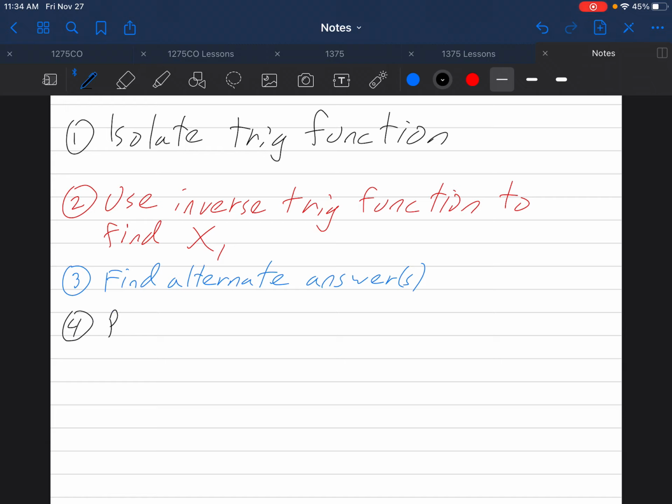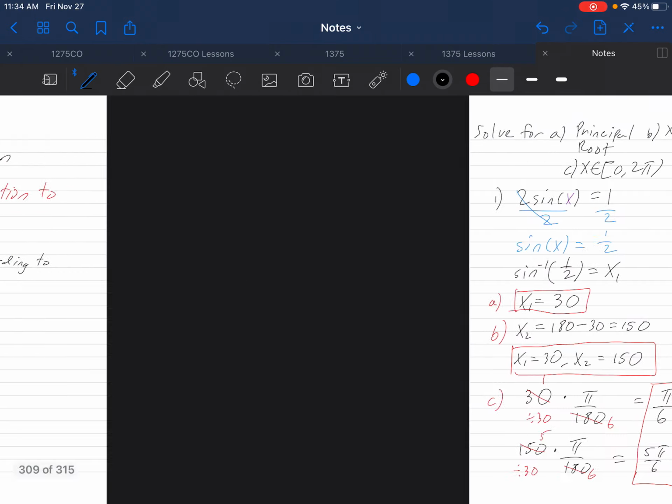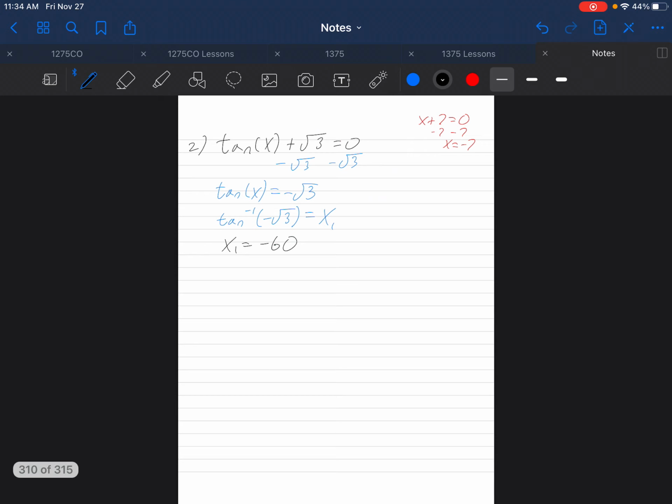The last step, present answers, again, may be 1 or 2 or 3 or 4 according to the directions you were given, right? So whatever directions you were given, make sure that you are following those directions to present your answers.